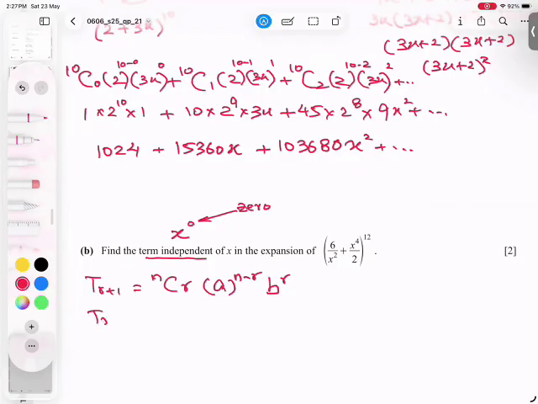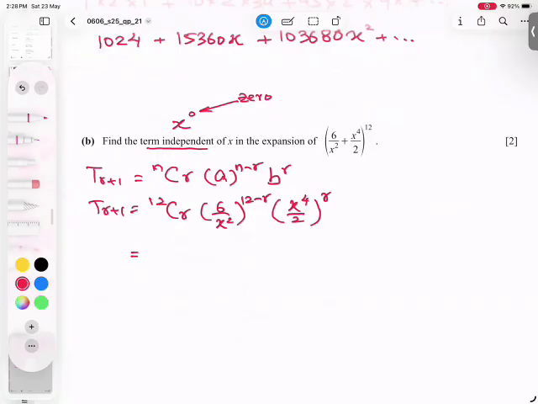I replace all values. n is 12, a is this, b is this. So I'm getting 12Cr, 6 over x to power 2 and 12 minus r, and x to power 4 over 2 and here r.